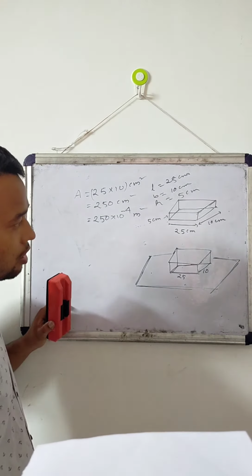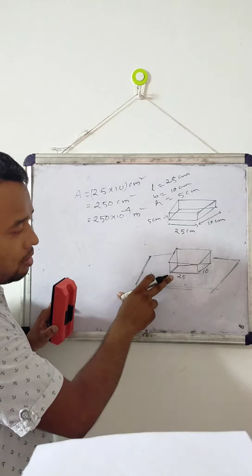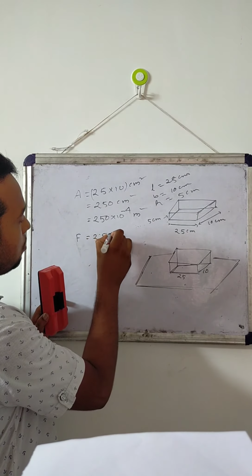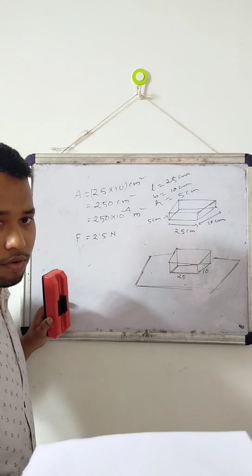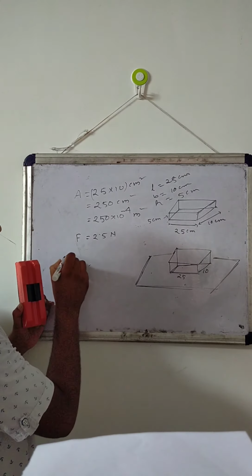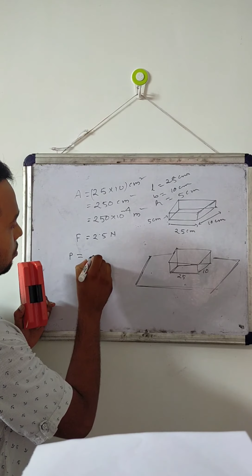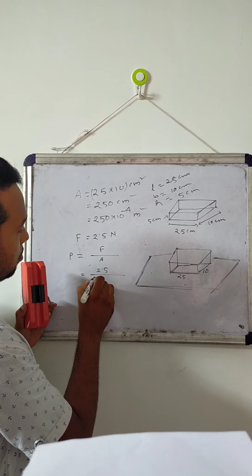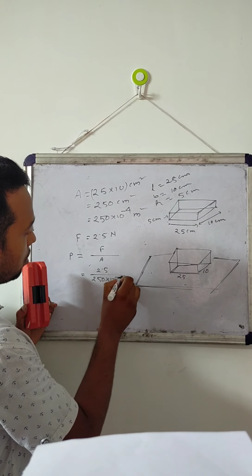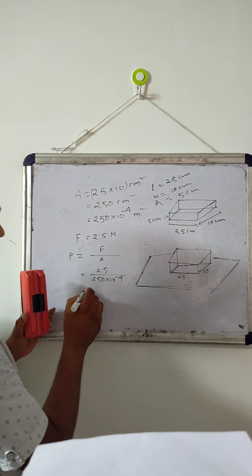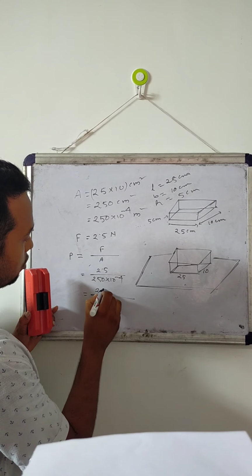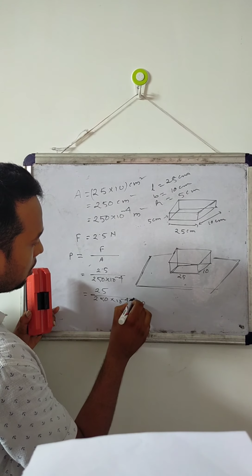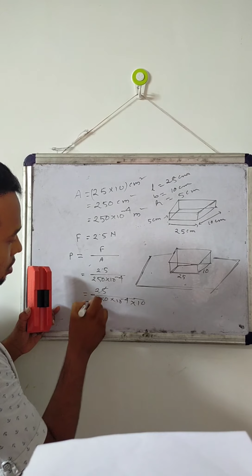Now if the brick applies a force of 2.5 Newton on the surface, then pressure will be equal to force by area. That means 2.5 by 250 into 10 to the power minus 4. So if we calculate this, we have to multiply it by 10 to remove this decimal point.